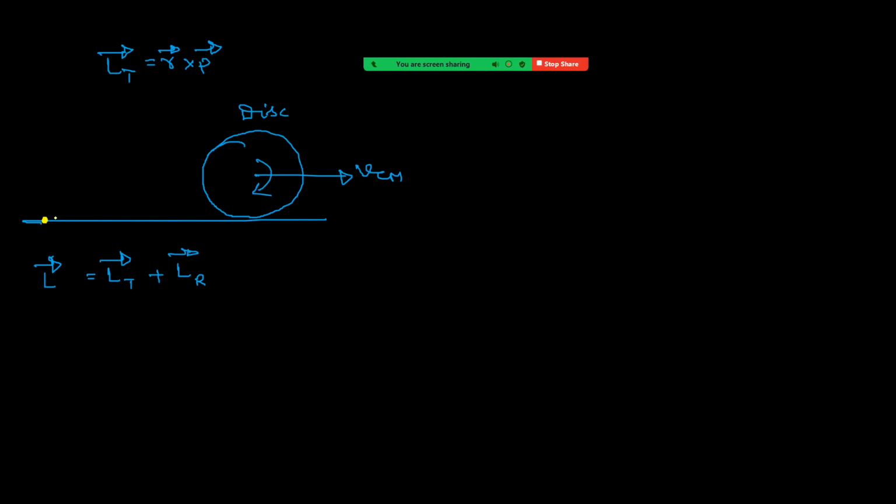Now see carefully the position vector of the center of mass. This is r bar, or you can say r bar cm. Okay, because when you are taking translation, we are replacing the entire body with a single point.